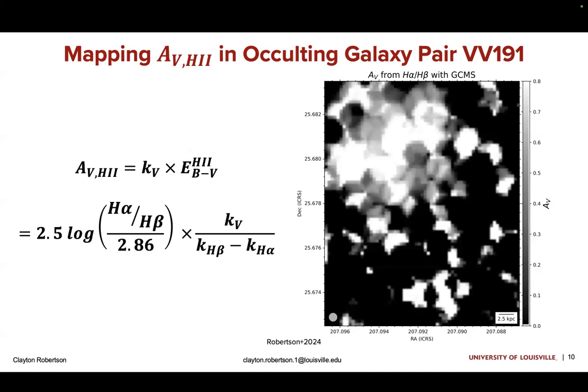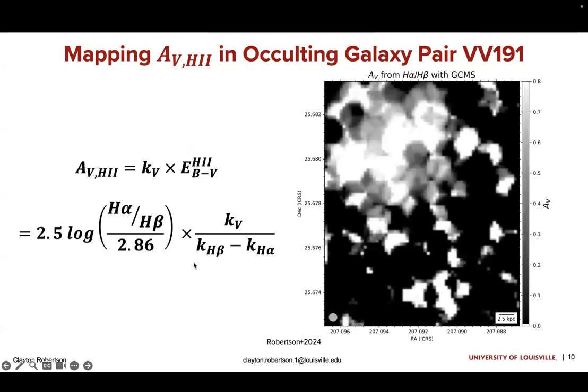You'll see later, I don't want to make assumptions on the kind of sightline we want to use because, like I said earlier, they have different attenuation laws based on the sightline. So I want to use all of the different kinds of sightlines, but to first achieve that, we need to assume an attenuation extinction law right here.